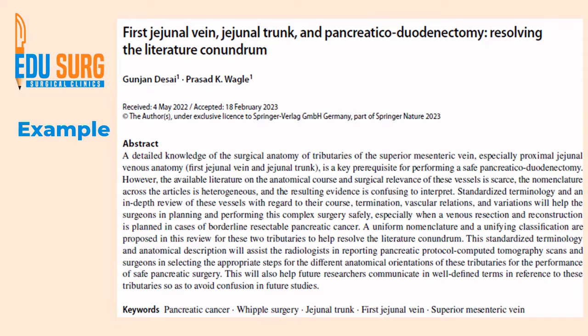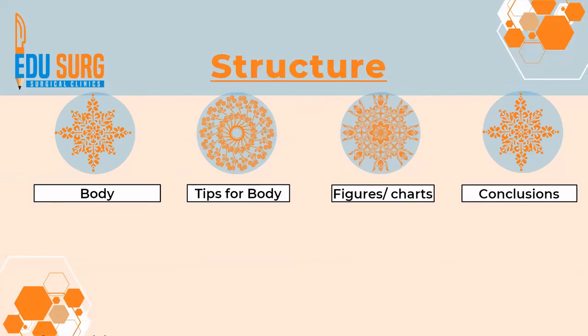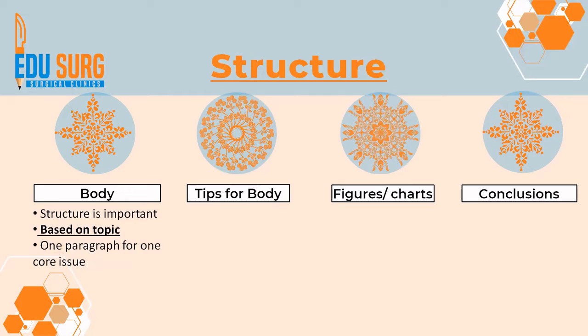The abstract, like I said, is descriptive because this is a narrative review. And if you want, you can look at this article. It's already accepted and published. Coming to the structure of the body of the article, like I said, the body is based on the topic, and we will see some examples in the templates towards the end of this slide.